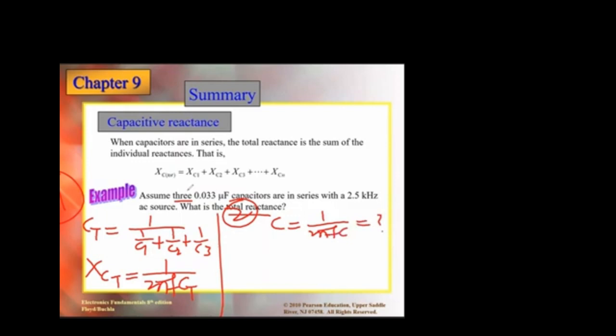After getting this XC, I can say XCT total is going to be XC1 plus XC2 plus XC3, where C is in the subscript, or you can say 3 XC. Clear? Because they are the same. So whichever way you feel is okay for you, you can go that way and calculate it.